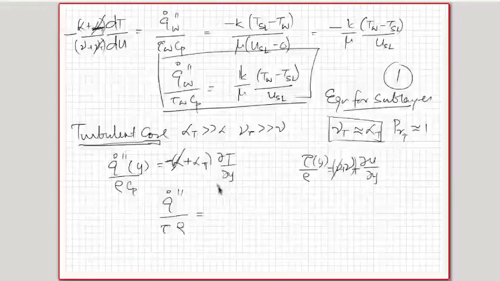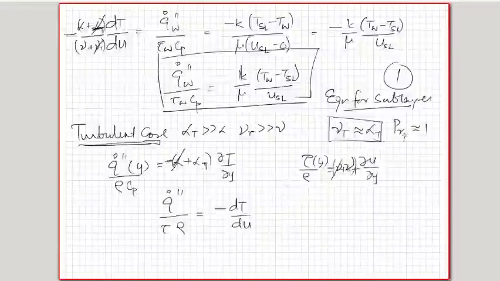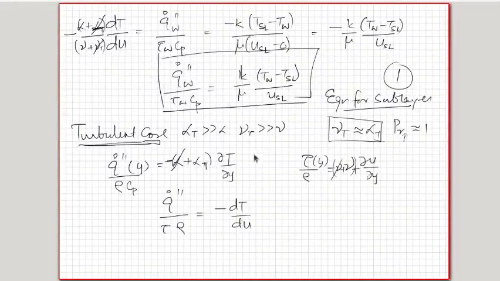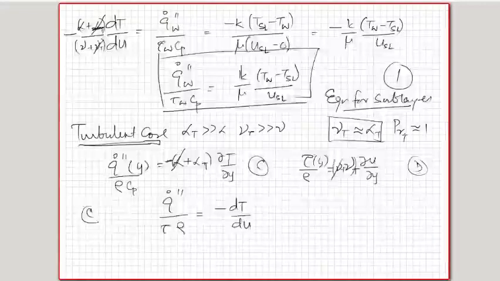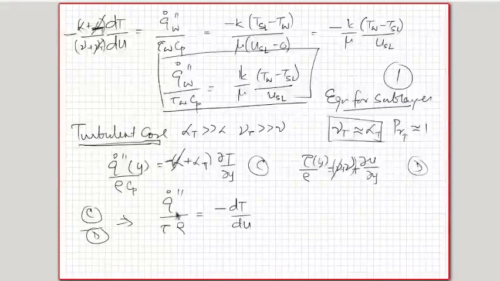This would be equal to minus dT by du, since alpha t and nu t would cancel each other. Suppose this is called equation C and this is called equation D. If I do C by D, I get this expression.